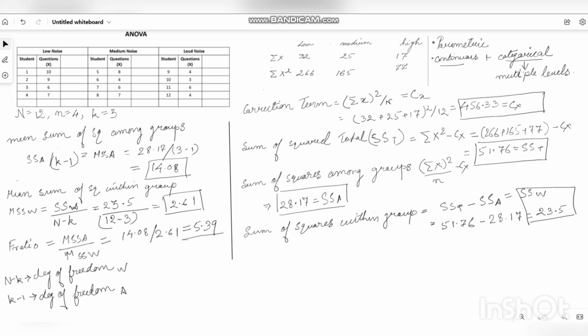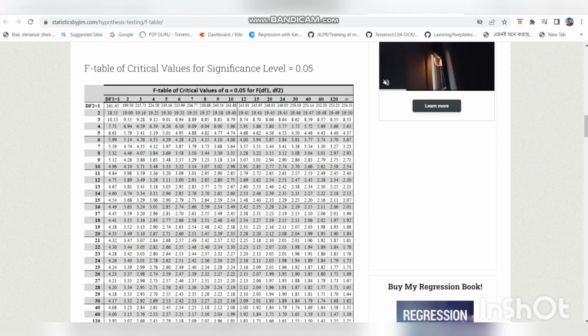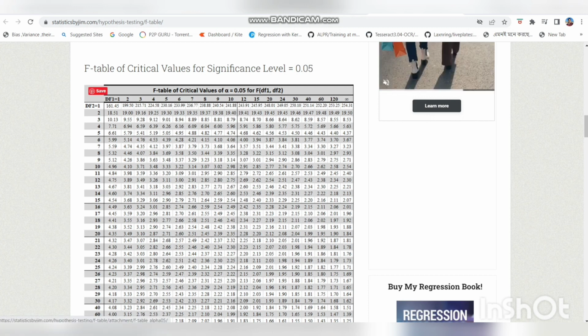We have something called an F table, which looks something like this. So in any test, we have taken the level of significance as 0.05. That is a norm, not a rule, but a norm. Now we saw the degrees of freedom.